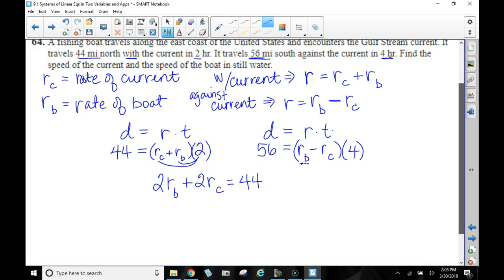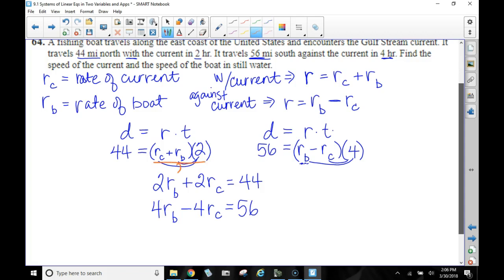Now on this one, when I run the 4 through, that's the reason I wanted to write rate of the boat first. I'm going to have the equation 4 times the rate of the boat minus 4 times the rate of the current equals 56. Now, I really do think that what we probably should have done before we even started this, it would have made life a lot easier now that I'm looking at it.